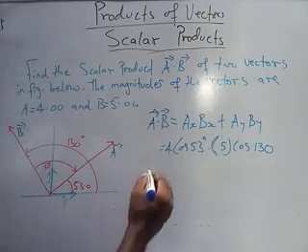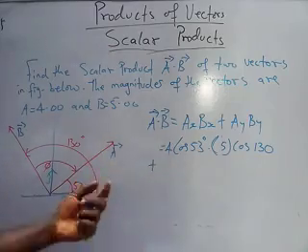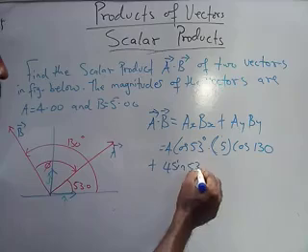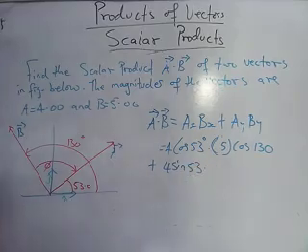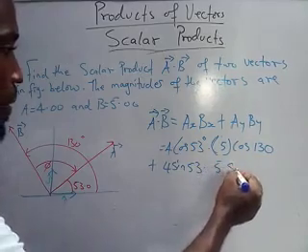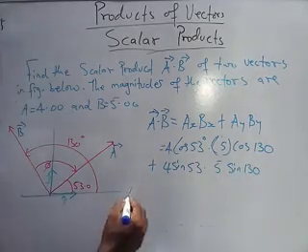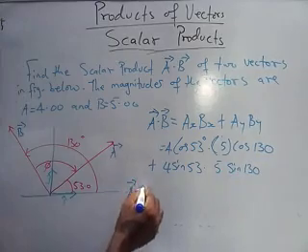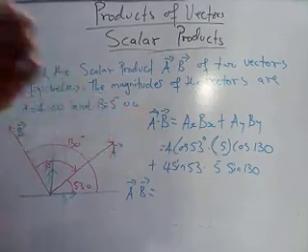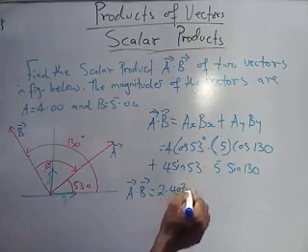Plus AY BY, 4 sine 53 times 5 sine 130. So if you compute this with your calculator, 4 cos 53 will give you approximately 2.407.